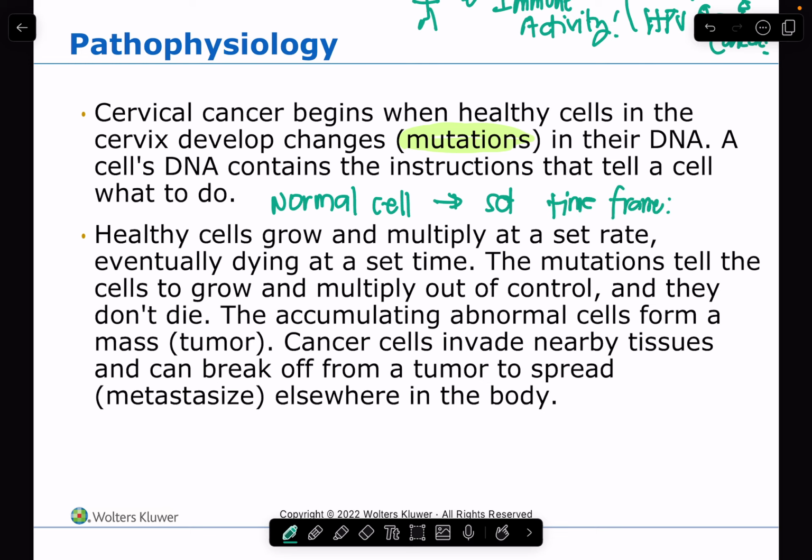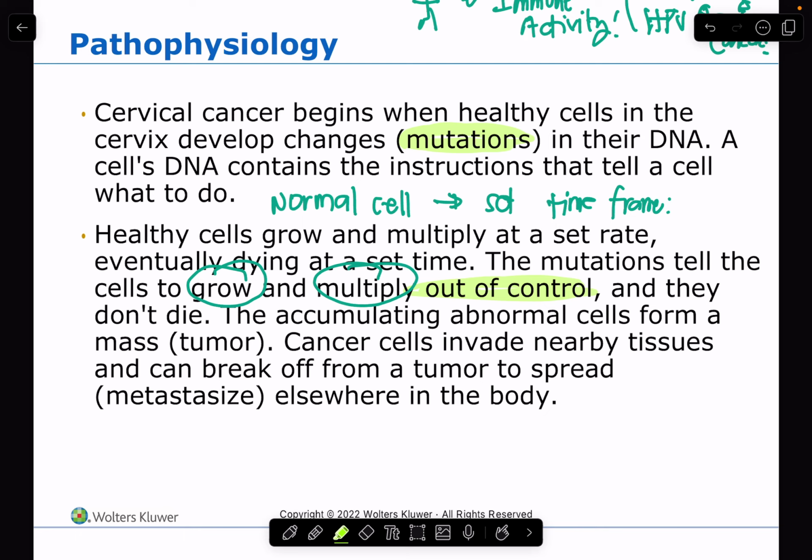Once the mutation occurs, the cell will grow and multiply out of control, regardless of its size or shape, and it will grow further and further.